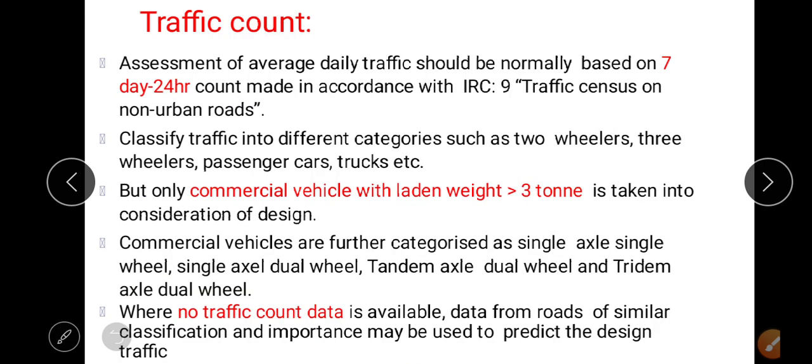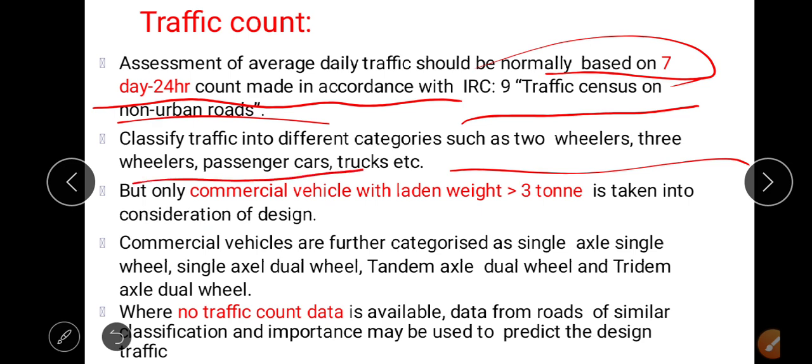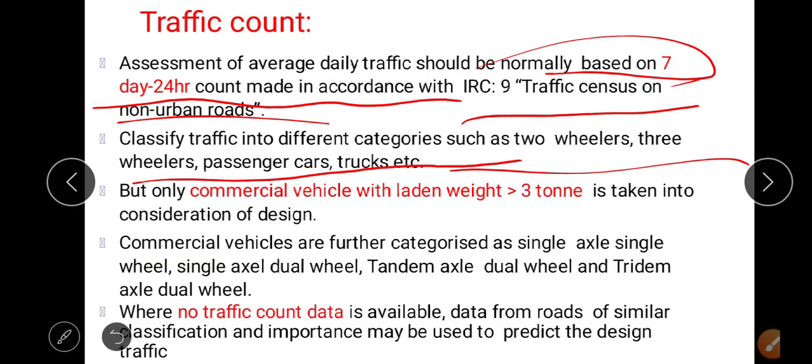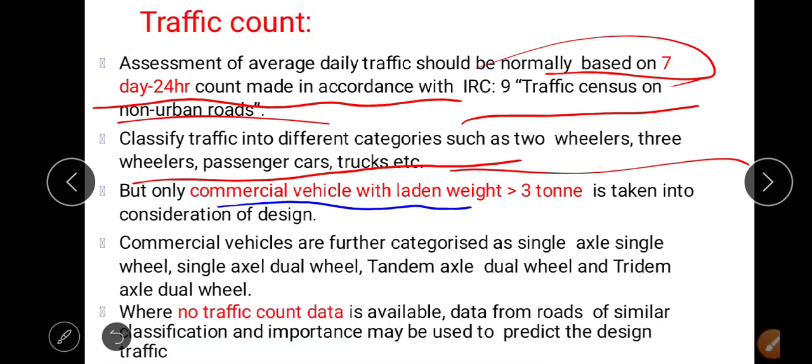Whereas for traffic count, assessment of average daily traffic should normally be based on 7 days. I have been saying this from the introduction class. In accordance with IRC 9 traffic census on non-urban roads, classify traffic into different categories such as two-wheelers, three-wheelers, passenger cars, trucks, etc. But only commercial vehicles with laden weight greater than 3 tons are taken into consideration for the design.